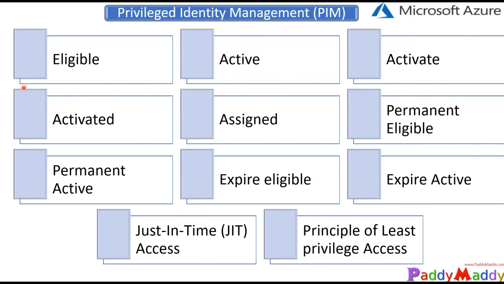When we talk about eligible, it is a role assignment that requires a user to perform an action or more than one action in order to use this role. If I have been made eligible for a role, for example, as the global administrator, I can activate that role here.